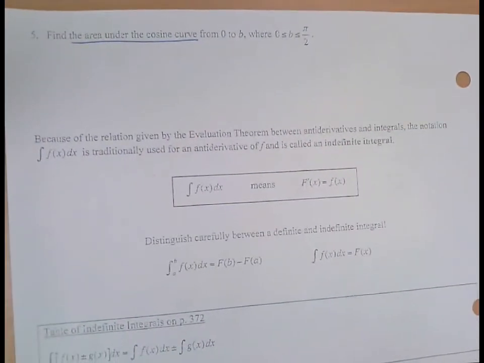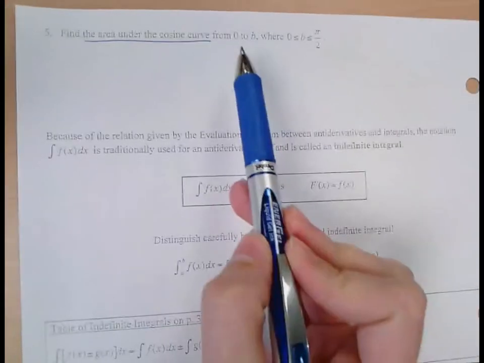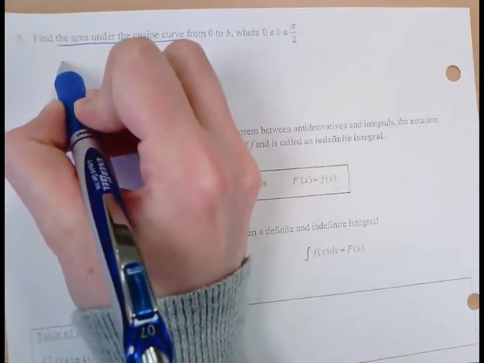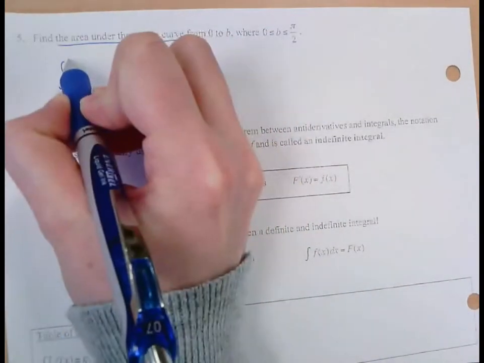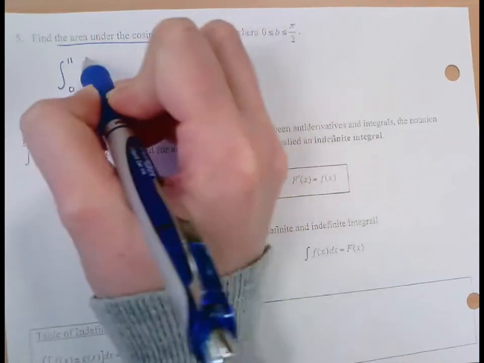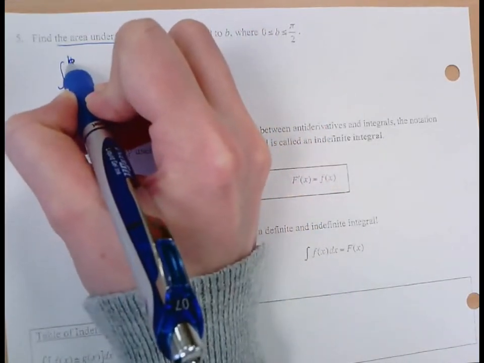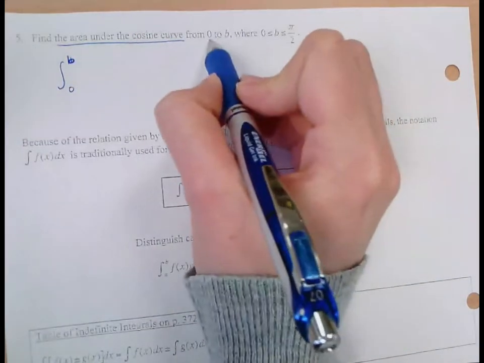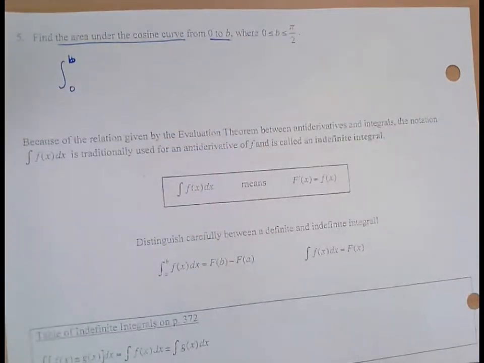What helps you find the area under a curve, or what is interpreted as area under a curve? An integral. So this question is really asking you to evaluate the integral from 0 to b, where b is just in between 0 and pi halves.